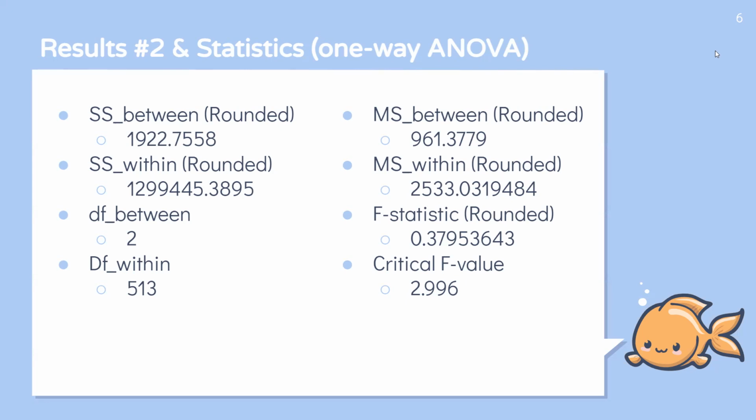To calculate the F statistic, divide the mean squares between groups by the mean squares within groups. The F statistic is a pivotal metric used to assess whether there are significant differences in the means of the groups. Following this, by utilizing the F between and the F within, we can choose the significance level alpha 0.05 of the critical F value.